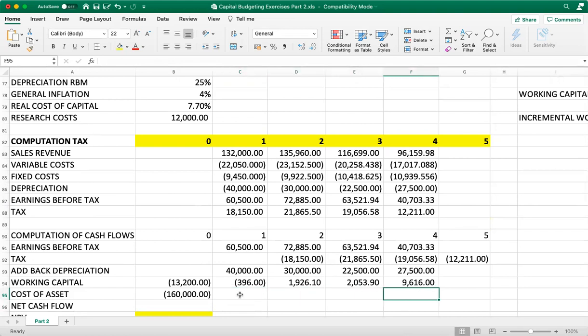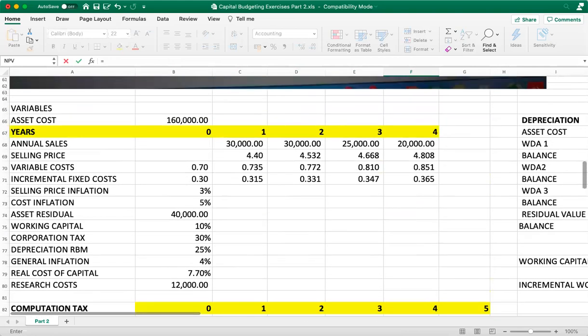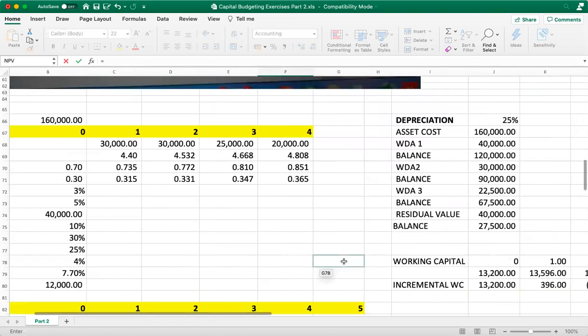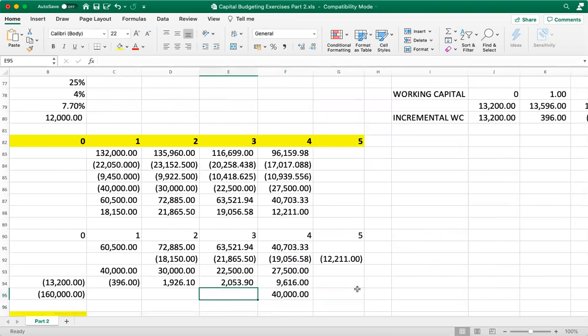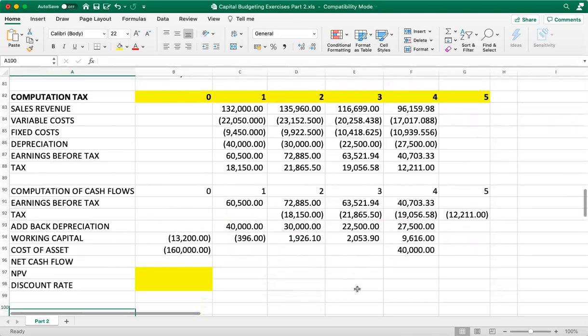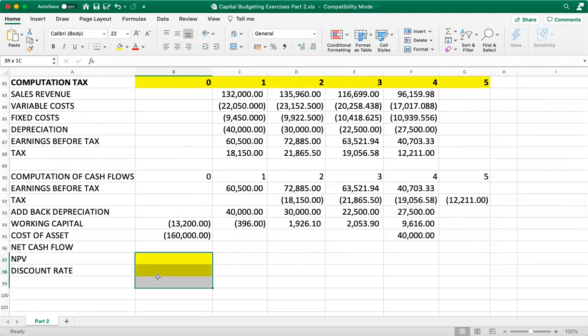So we go to year 4 and pick the residual value. Now we've picked all the cash flows of this project.